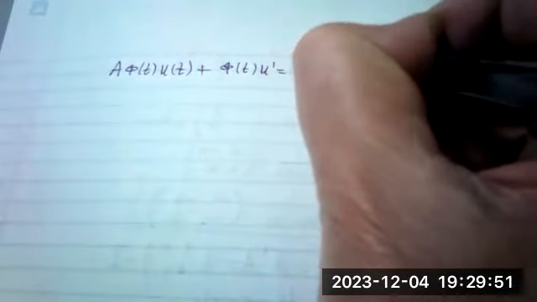Okay, so what is going to be the resultant equation? I just substitute the phi prime of t, so that gives me a phi of t, u of t, plus phi of t, u prime of t, is equal to exactly the same thing, a phi of t, u of t, and you have an extra term, which is f of t.